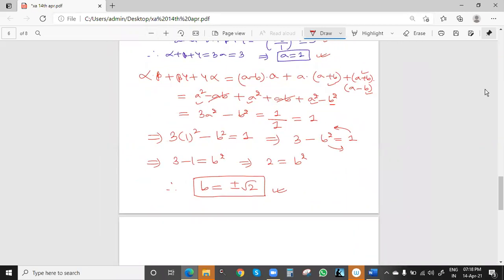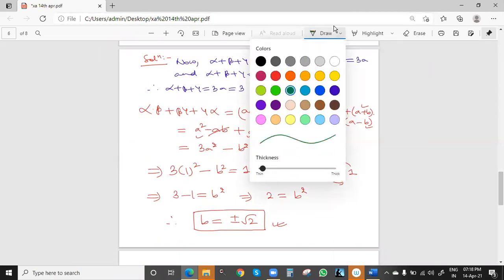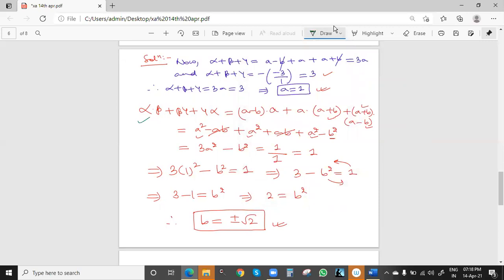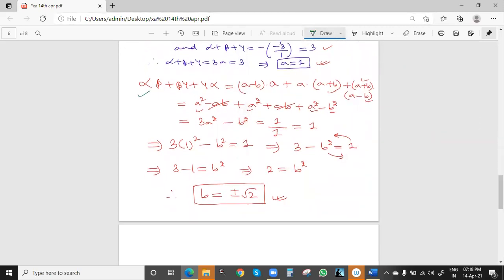One more thing, directly see. We can use this formula to get this B value, alpha beta, beta gamma, gamma alpha. Or one more formula we have, the third case, product of the roots, that is alpha into beta into gamma. That is easier, we can say.